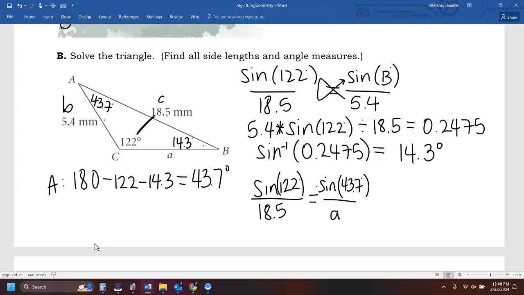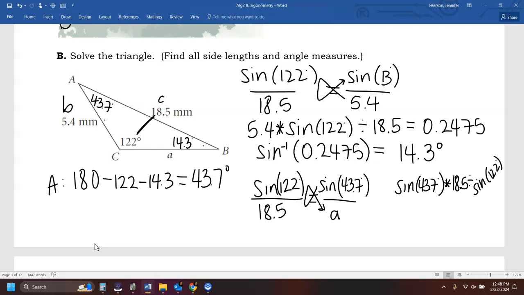So that's going to be the sine of 43.7 times 18.5 divided by the sine of 122. And that points to my answer. So I'm going to try to squeeze that in right here. Sine of 43.7 degrees times 18.5 divided by the sine of 122. I'm going to go crooked to just make sure it fits in there.